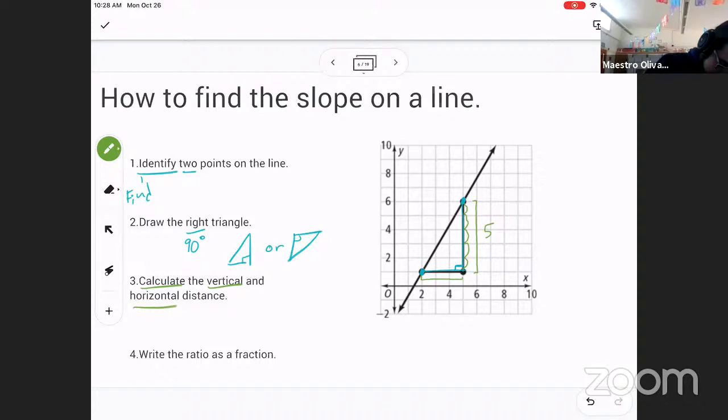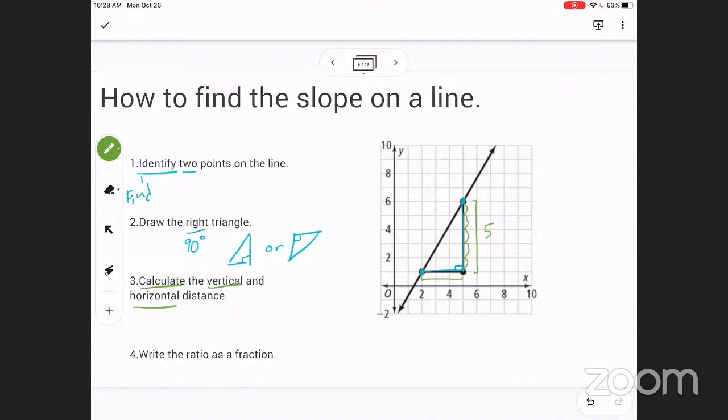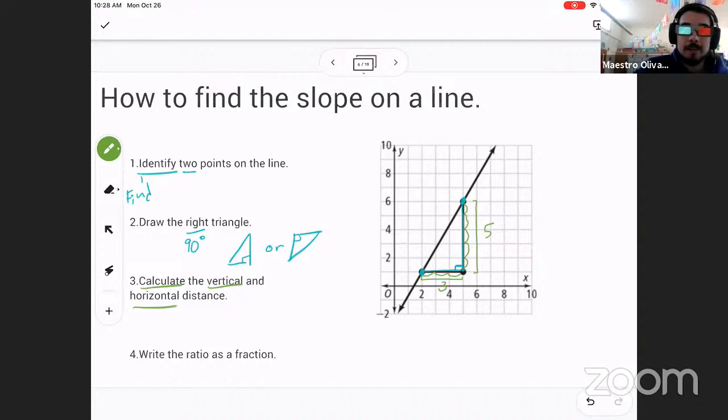All right. Fatima, can you please unmute yourself and let the class know what you got? I got 3. Awesome. Thank you so much, Fatima. It's 1, 2, 3 little squares. So you don't have to do this, but you can if you want. Vertical is 5, and then the horizontal is 3.